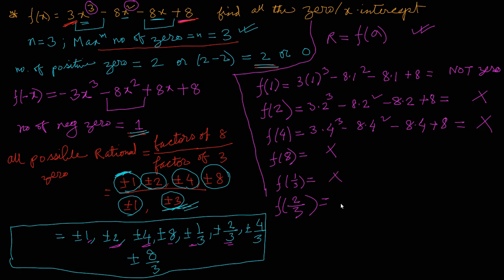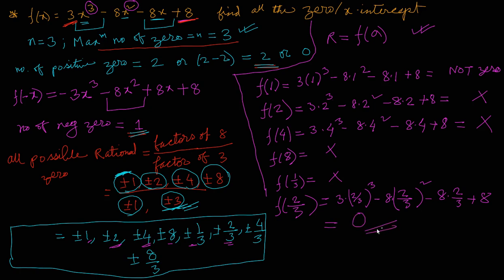What about f(2/3)? It is 3 times (2/3) cubed minus 8 multiplied by (2/3) squared minus 8 multiplied by 2/3 plus 8. And if you punch the calculator, you're going to find this is equal to 0.